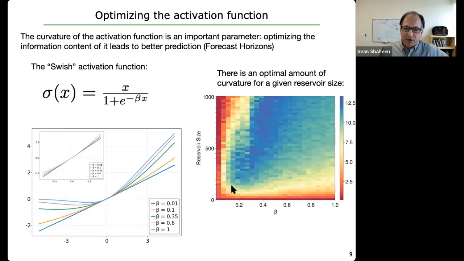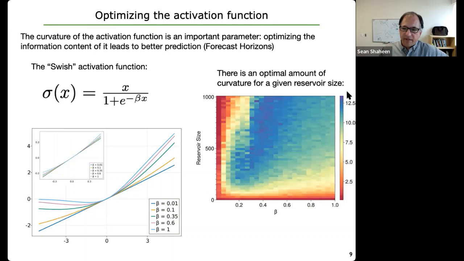So one can do a global optimization. This is a plot of that parameter beta, in line with the size of the reservoir. So clearly you expect a larger reservoir to perform better. Although there are caveats, you have to optimize other parameters like a ridge regression parameter and the training time. So you have to do all that. But if you fix those other parameters, what you see is this sort of ridge that's developed of high performance.